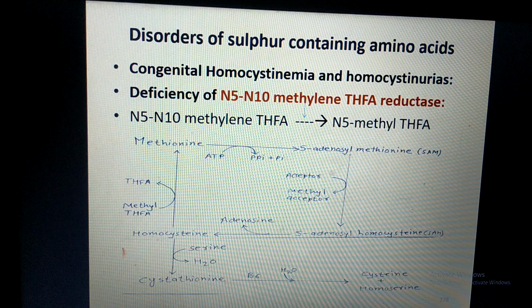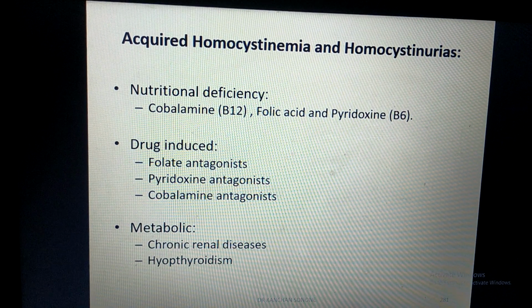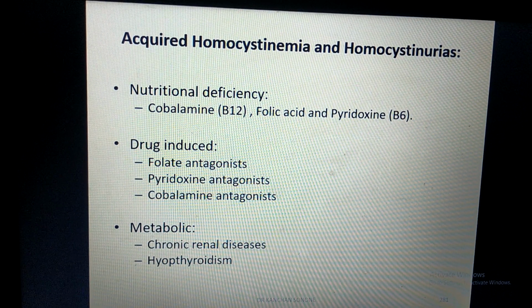Now coming to acquired homocystinemia and homocystinuria. Congenital means present since birth, acquired means they are acquired during the lifetime. So causes are nutritional deficiency like deficiency of cobalamin, folic acid, pyridoxine, or it may be drug induced like folate antagonist, pyridoxine antagonist, cobalamin antagonist, or it may be metabolic cause, chronic renal disease and hypothyroidism.